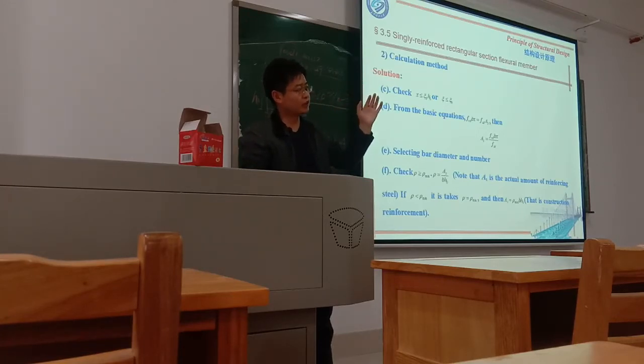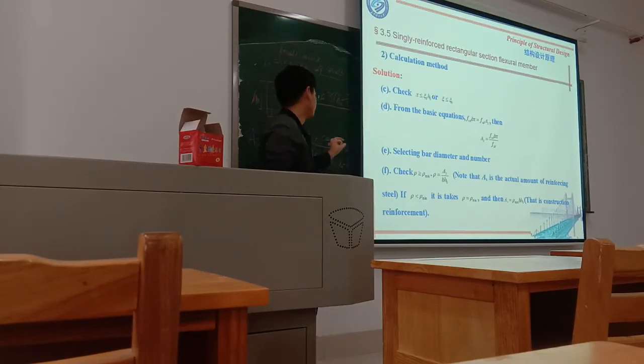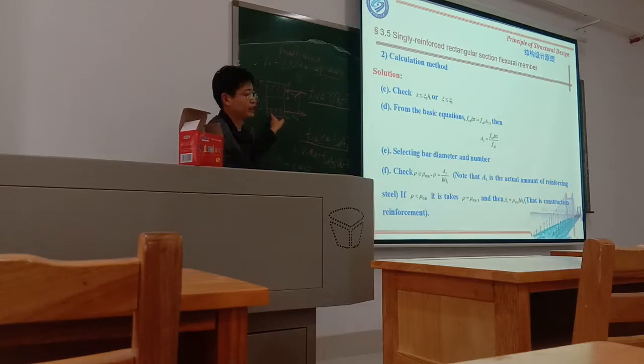Because in some situations you can use one layer, or you can make it two layers. If you use a smaller diameter, suppose one layer we use 3, maybe you need 6, then you put 2 layers. But if you use a very large diameter, then maybe you can just put it in one layer.